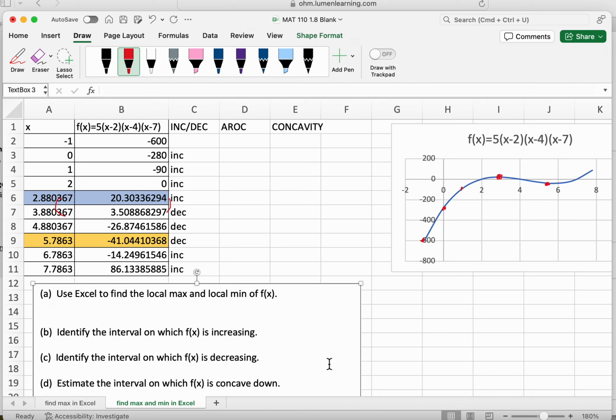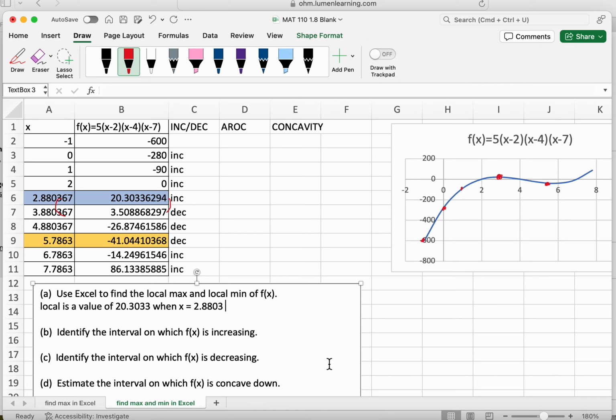So I use solver, my local max is a value of 20.3033 when x equals 2.8803.